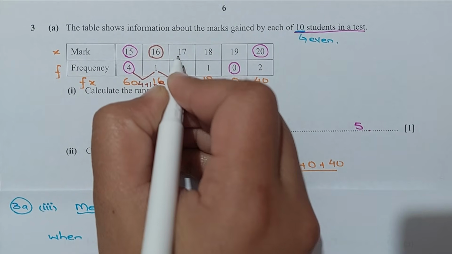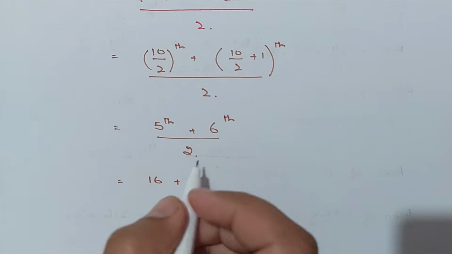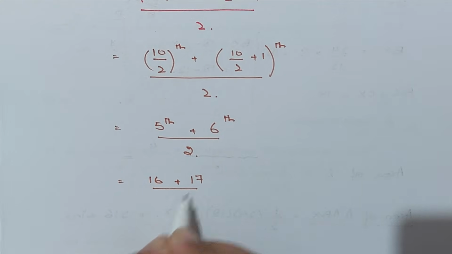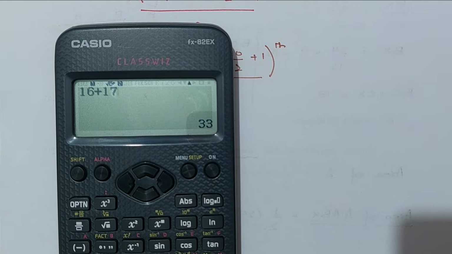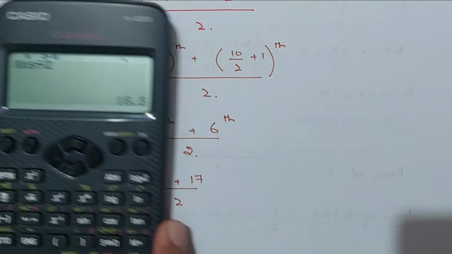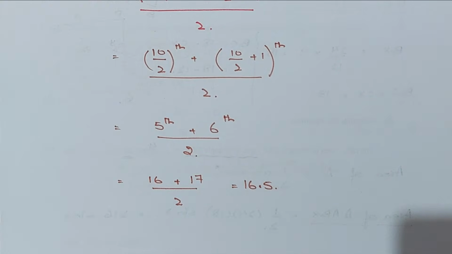So it lies over here in the frequency of marks of 17. So add 17 and divide it by 2. This is 16 plus 17, 33 by 2. This is 16.5. So 16.5 is the median.